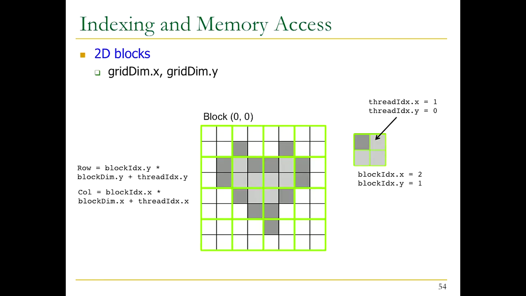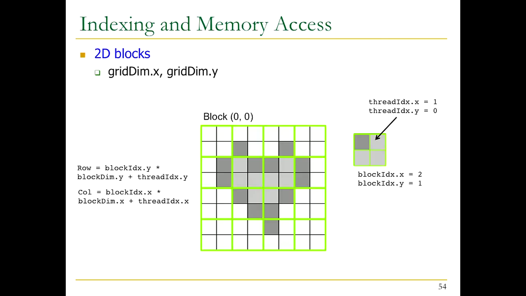So first, if we want to calculate the row, we need to use the block index y, and we need to take the block dimension in the y direction into account.